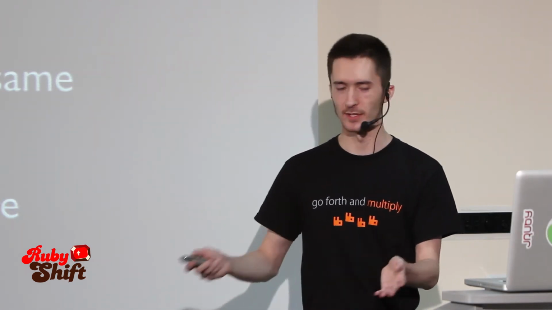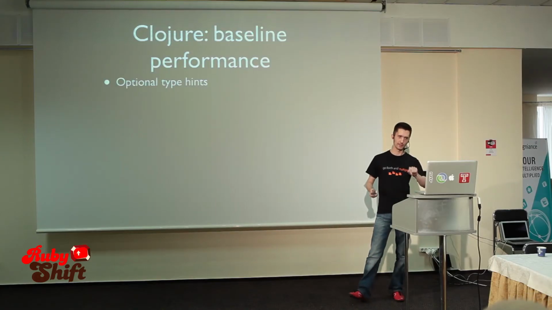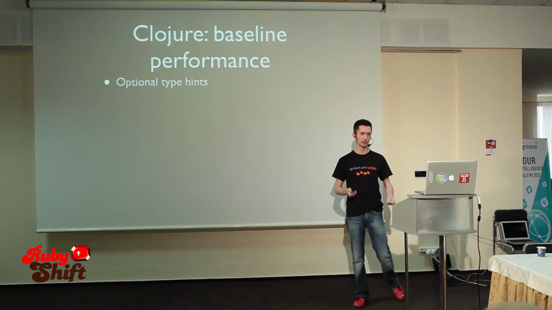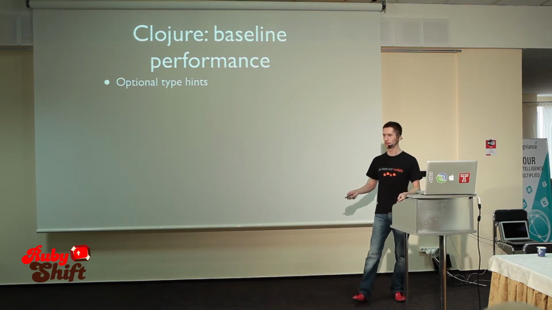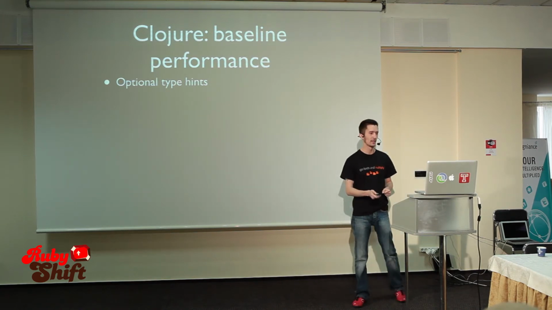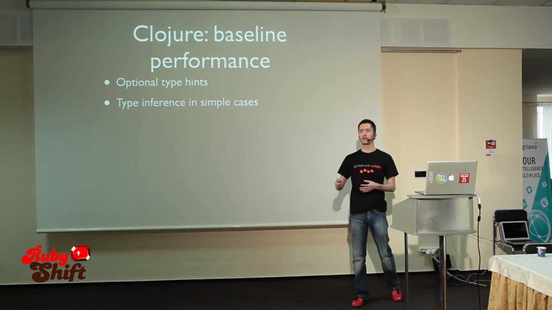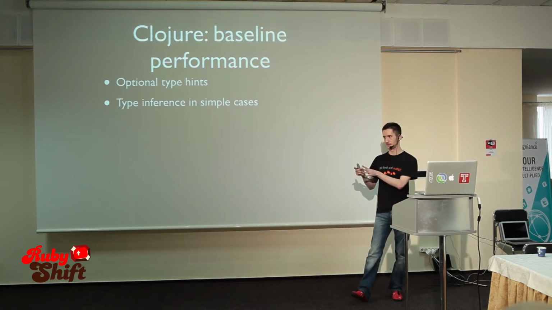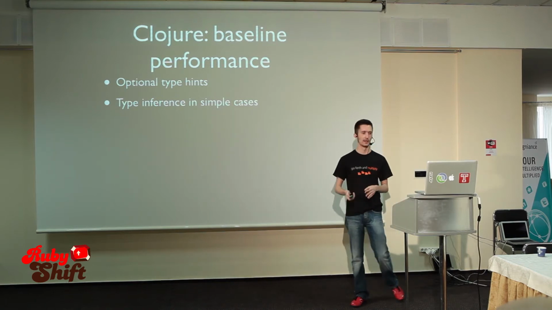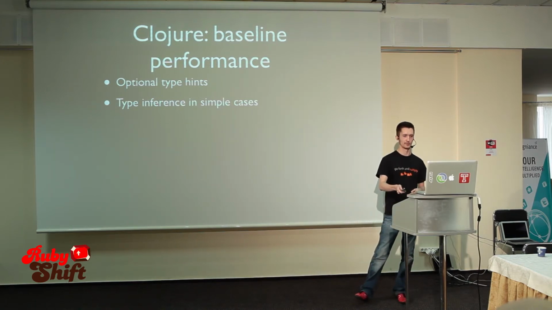It just wastes cycles, right? So in Clojure you can do optional type hints if you really want to help the compiler know that this thing is of a particular type. By the way, the compiler is free to ignore your suggestion some of the time. Another thing, it has type inference, so the compiler can figure out that this thing is obviously something. I know about it, so no need for type hints.